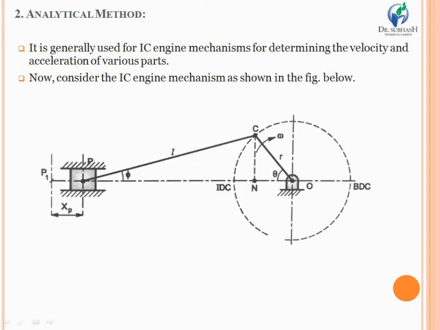Whereas x suffix p is the displacement of the piston from IDC to BDC, that means inner dead center to bottom dead center, Vp stands for the velocity of the piston, and Fp is the acceleration of the piston.